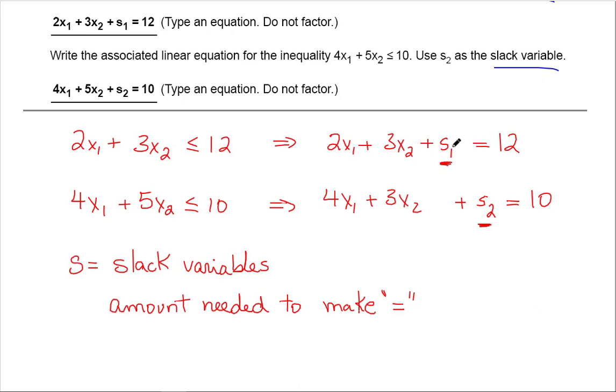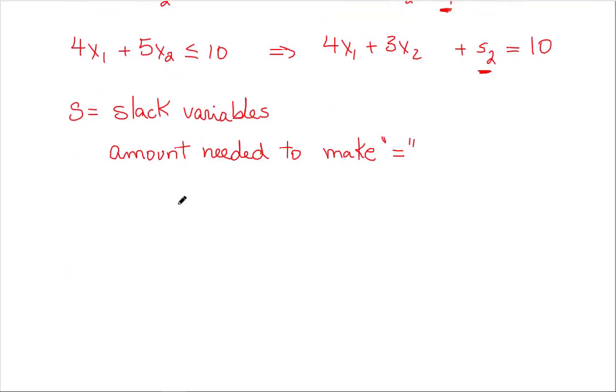And that's what this first slack variable does. Now there's no guarantee that that amount would bring the second one up as well. So it gets another different slack variable, s2. And so this is what we do to bring them up to being equal. And again, they're called slack variables.